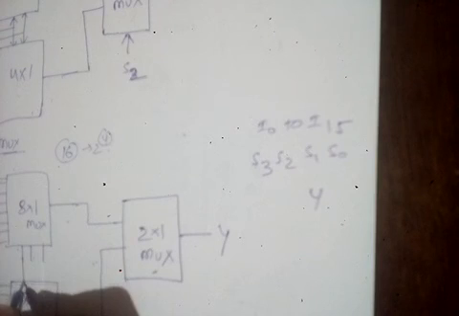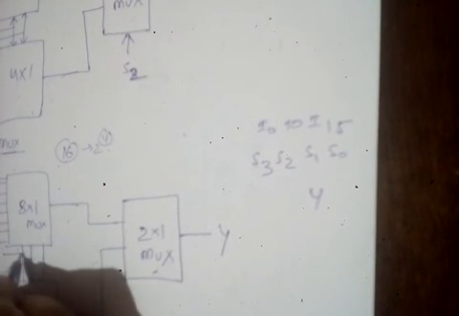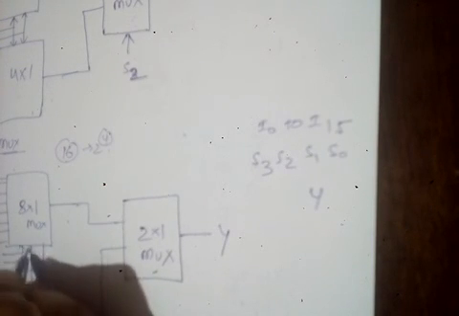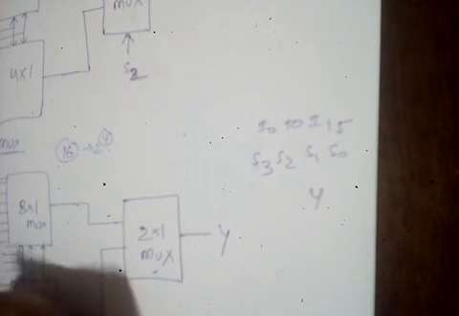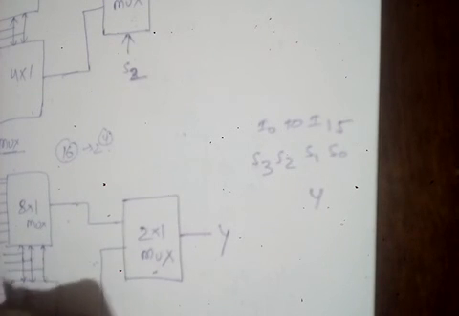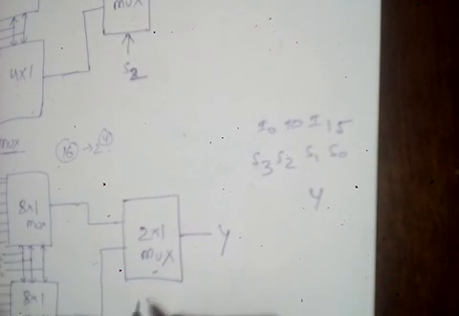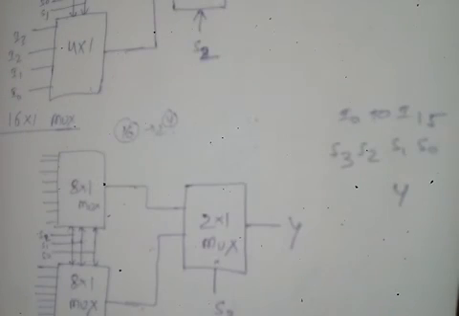So these are the selection lines S0, S1, S2, and S3.